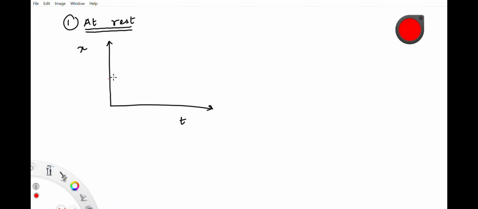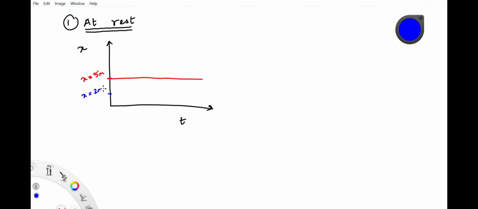That means if this is x equal to 5 meters, now throughout this interval of time on the x-axis, mind you, this is not the position x, this is the coordinate x. So throughout this entire time interval, the position is not changing.